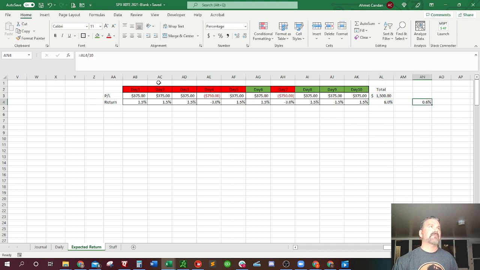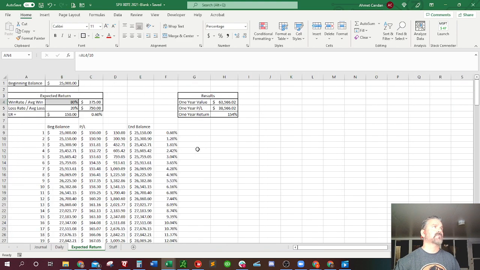So now that we have that value, we can use it to project future profit. So that's what this does. What I did was I created an amortization table to give me future value based on how many days we trade in 1 year.